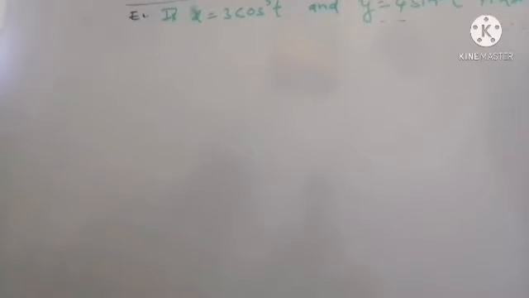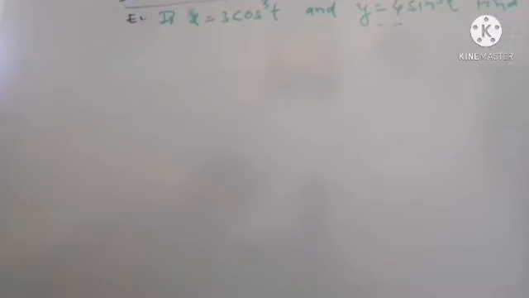In the given example here also, x is equal to 3 cos cube t, it means x is in terms of t, and similarly y is 4 sin cube t, it means y is in terms of t. So x and y both are in terms of t, that is, this is a parametric function with parameter t. Now we have to find dy by dx. For that we have to take the derivative of y and x with respect to t.